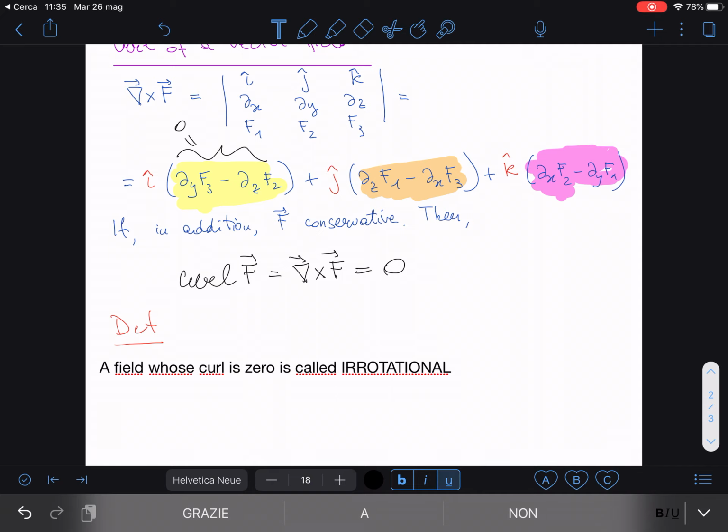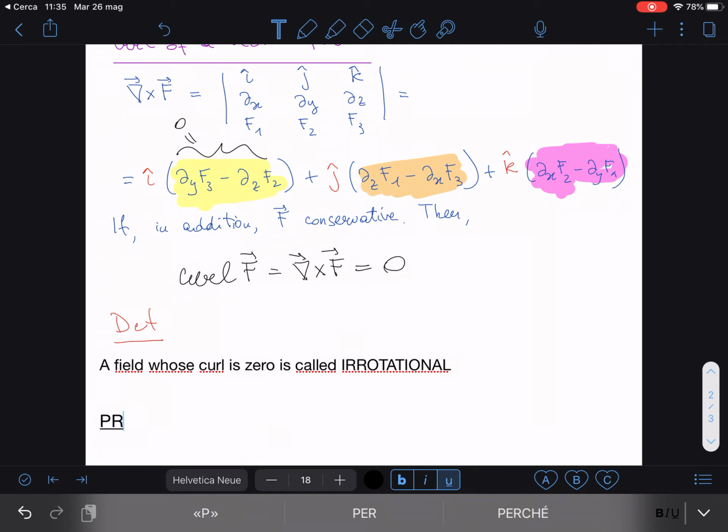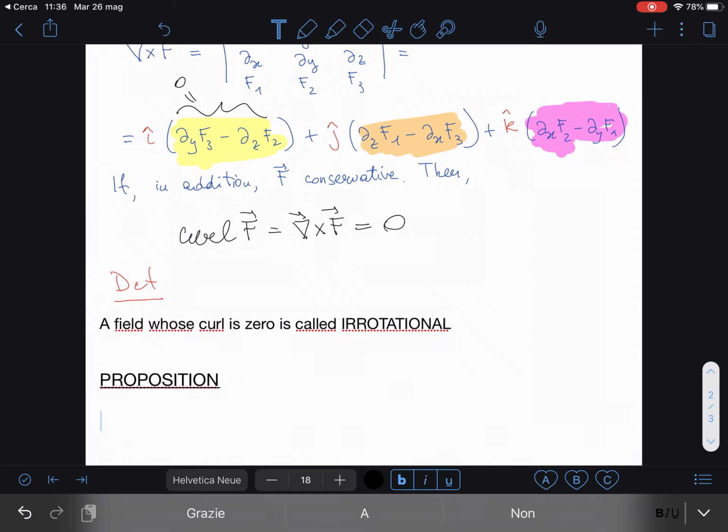Let me call it proposition. Proposition says, a conservative field is always irrotational.